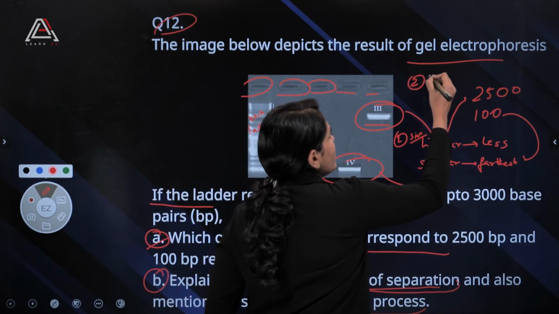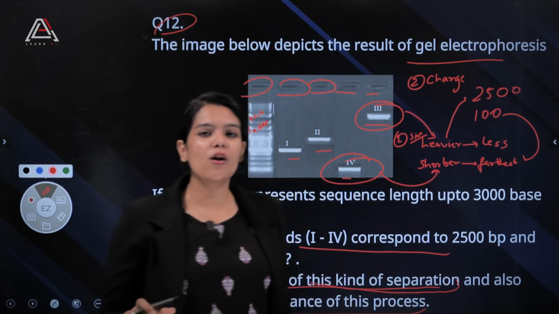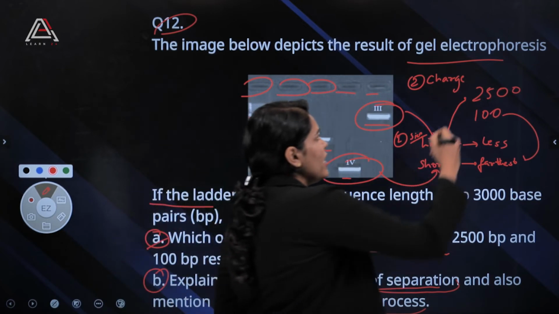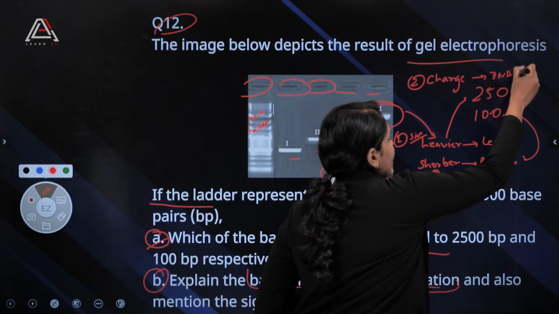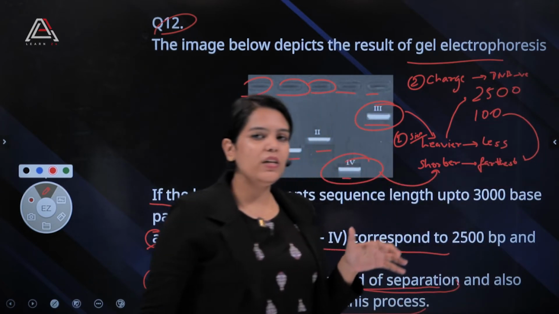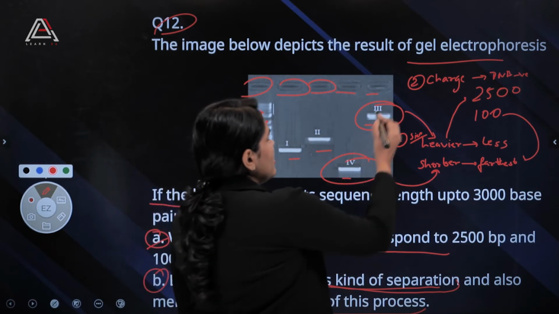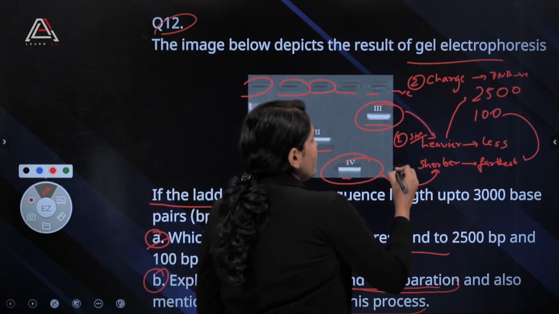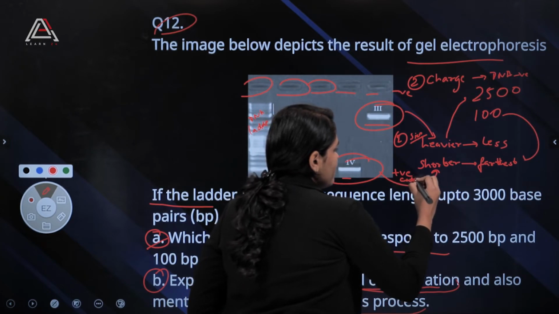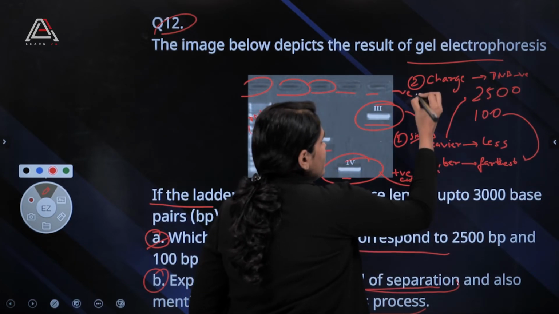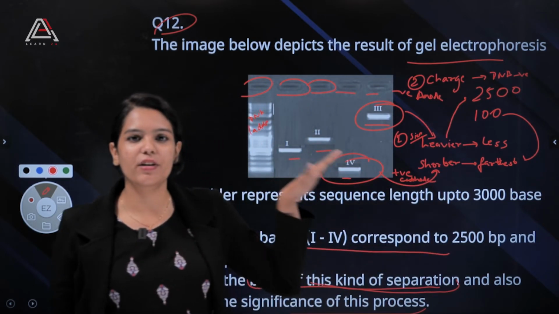And second, you can explain with the concept of charge. You all know DNA has a negative charge, right? So it's obvious that it will move towards the positive side. That is, the DNA is negative, so it will move towards the positive side, the anode. From cathode to anode, the DNA will move.